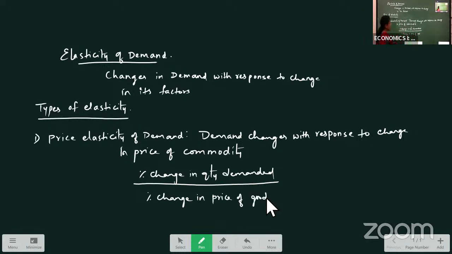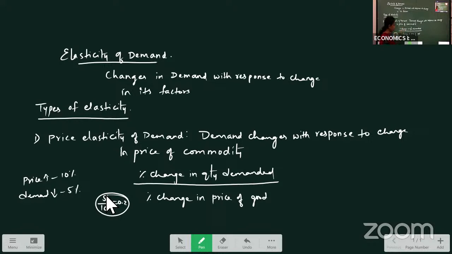How much percentage change is there in the price, and in response to that, how much percentage change is there in the demand? For example, if price increased by 10%, demand decreased by 5%. So we can write it as 5 by 10, 0.2 is the elasticity.